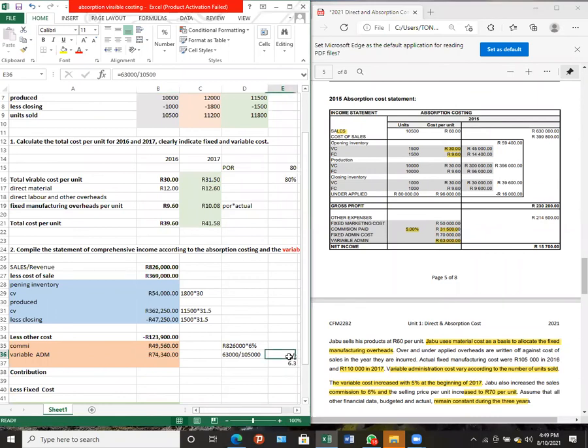Yes. Okay. Because this is the variable admin cost per unit before the increase. Now we increase this by 5%, guys. It gives you how much? 6 rand 30. And then 6 rand 30 times what? The number of units sold in 2017.